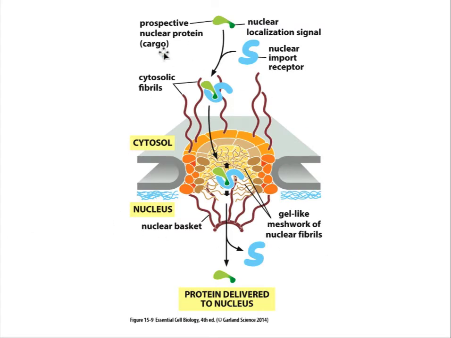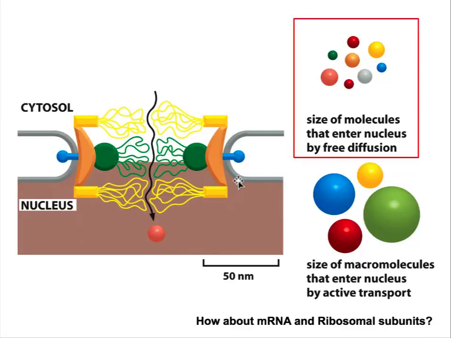So let's take this figure here so that you understand how nuclear proteins enter the nucleus. Let's put a bit more detail behind this image. The size and structure of a nuclear pore makes it available for small molecules to enter the nucleus or leave the nucleus by free simple diffusion.